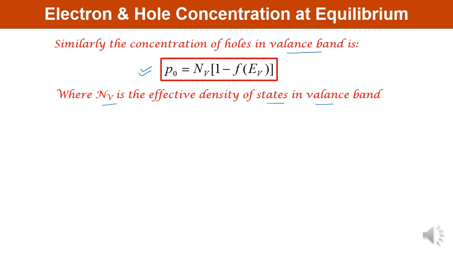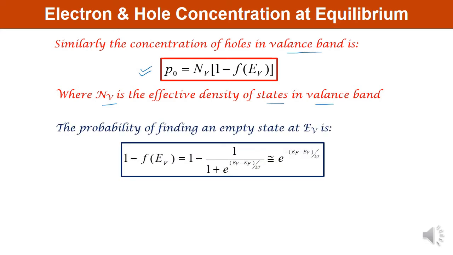Therefore, the probability of finding an empty state at the EV level can be written as 1 minus F(EV), where F(EV) is 1 upon 1 plus e raised to the power (EV minus EF) upon KT.